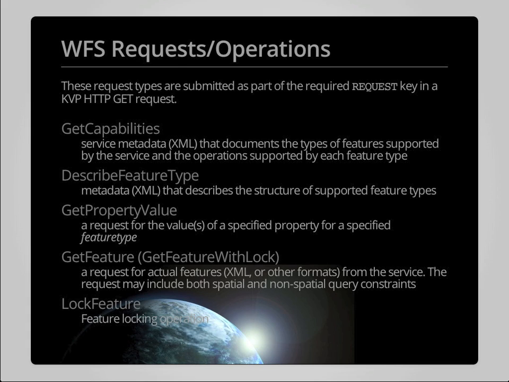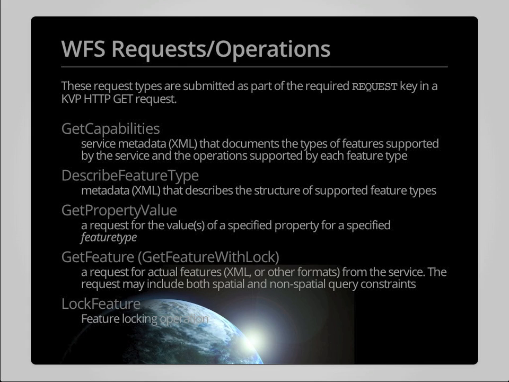Another key feature of the web feature service standard is the get feature request, which allows you to actually obtain the features themselves, those points, lines, and polygons, and their associated attributes from the service.